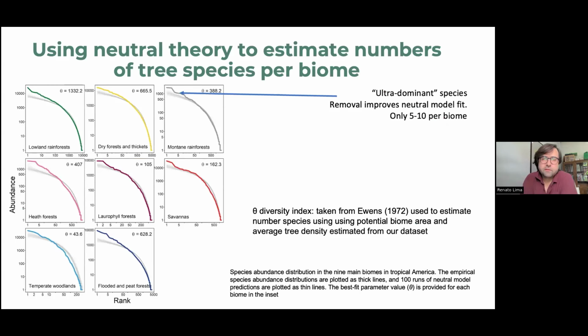We also fitted some species abundance distributions. Well, we fit neutral models to the species abundance distributions for each biome. We can see here the main biomes we are considering for analysis. Many of them didn't have a really nice fit for the most abundant species. We call them ultra dominant.